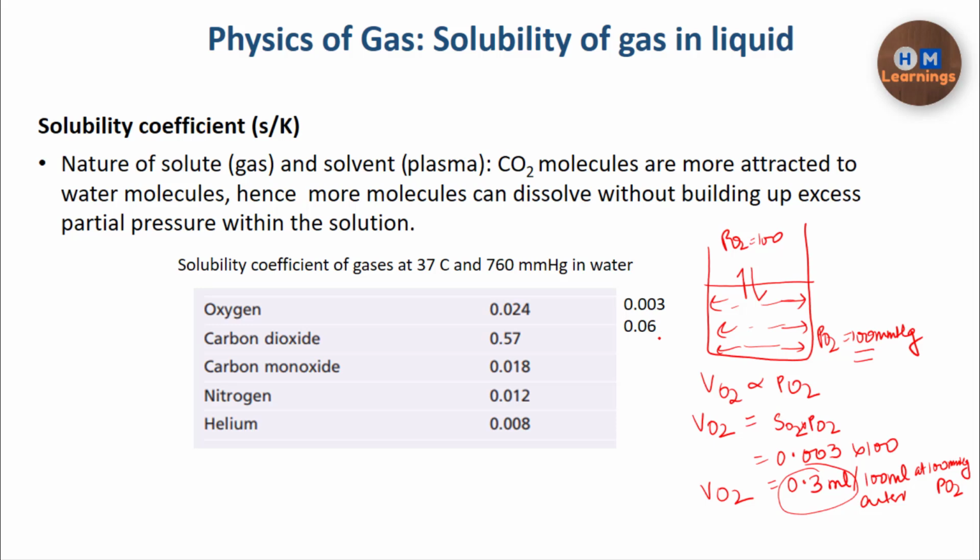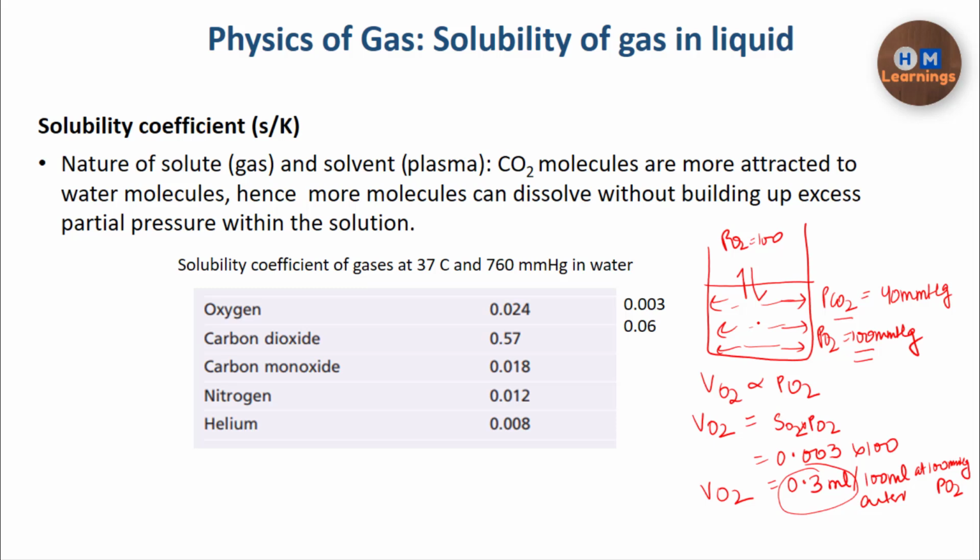Similarly, if we say that PCO2 has a partial pressure of 40 mmHg in the arterial blood, that means this 100 ml of blood is exerting 100 mmHg partial pressure of oxygen, and it also has 40 mmHg partial pressure of carbon dioxide, which is exerted by the carbon dioxide molecules against the wall.